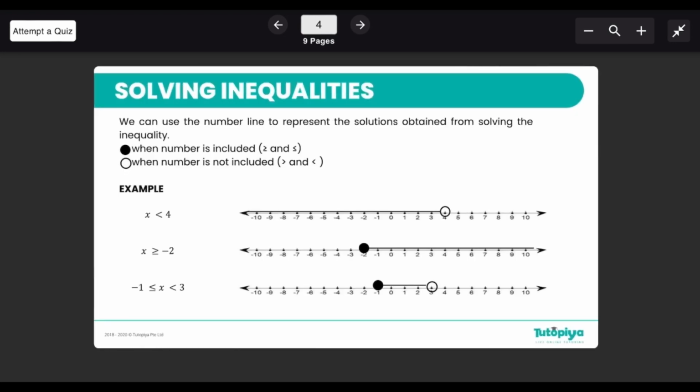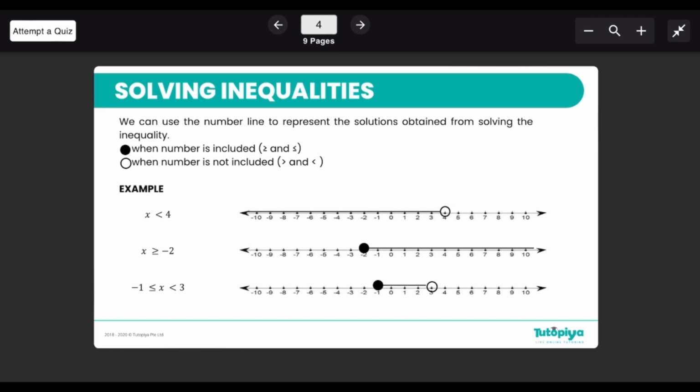Now coming to number lines, you can always denote inequality expressions on a number line. How do you do that? If you look at the first one, x is less than 4. You have a number line with all the numbers equally spaced, and you mark a circle at 4.